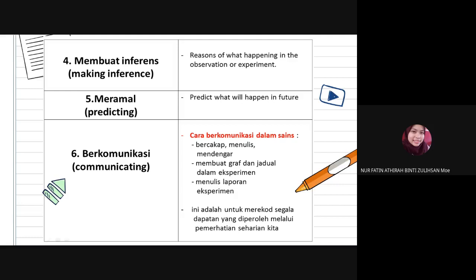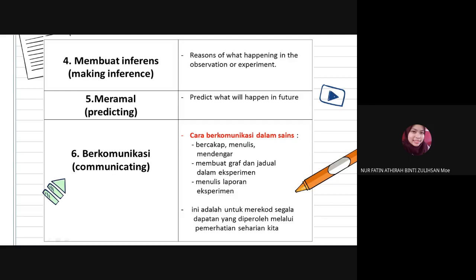Before I proceed to the exercises, let me recap the six skills. Number one, observing, means using all five human senses. Number two, classifying, where you categorize things, humans or animals into each category.